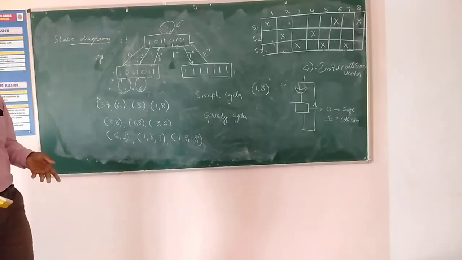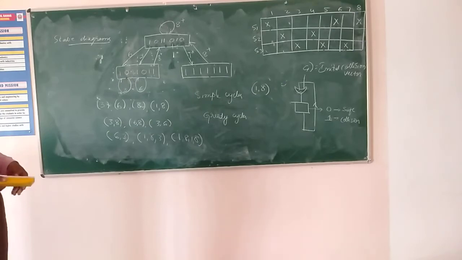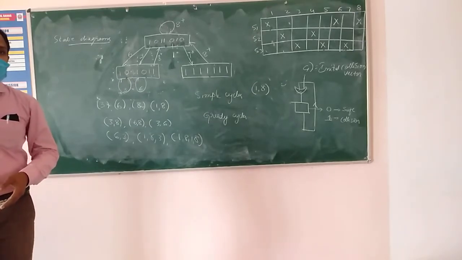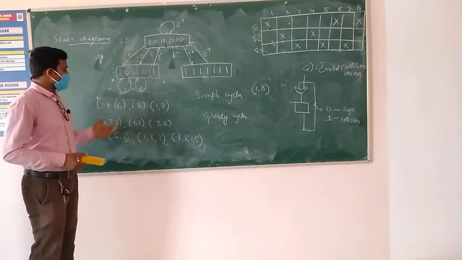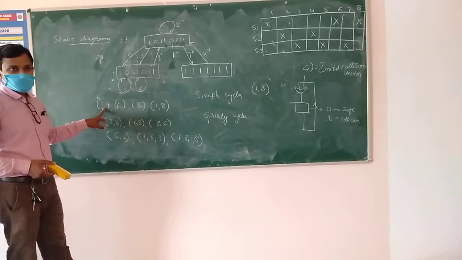We have cycle 3, 6, but cycle 3, 6 will repeat the same state, right? Therefore, which is the cycle? We have 3.